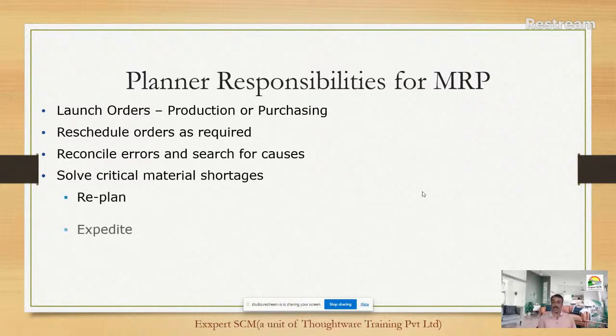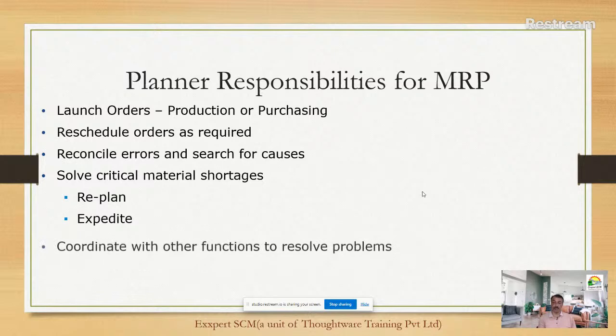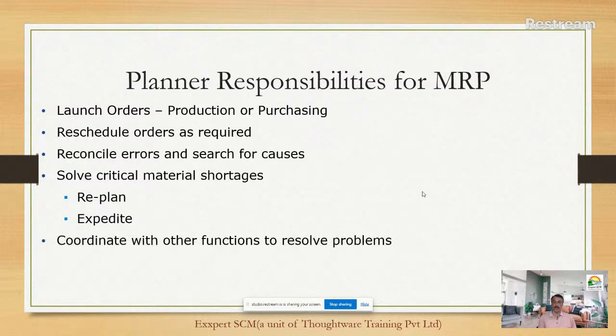Okay, maybe replanning is not a solution. Possibly we have to do that at a later stage. Maybe expedite could be the important one. If nothing is feasible, of course replan happens, and coordinate with other functions to resolve the problem.